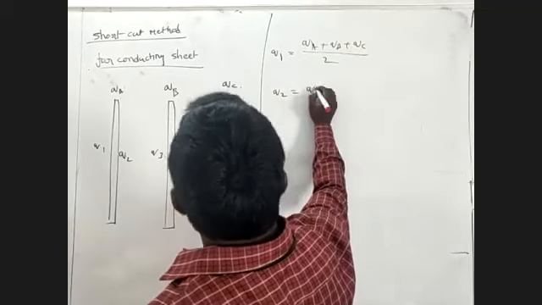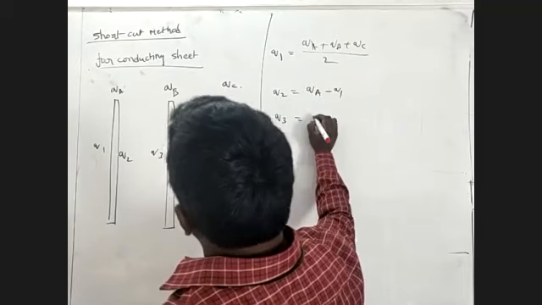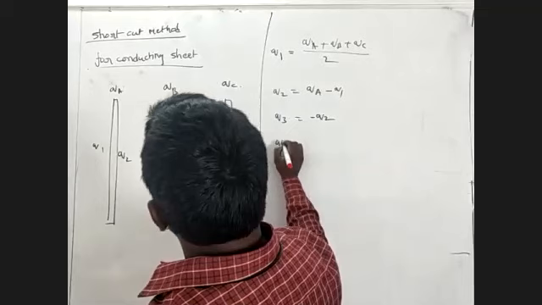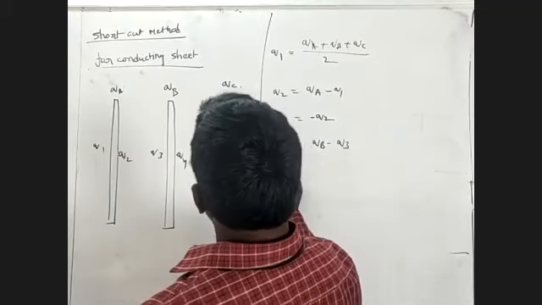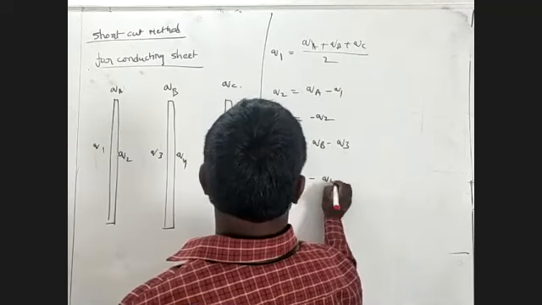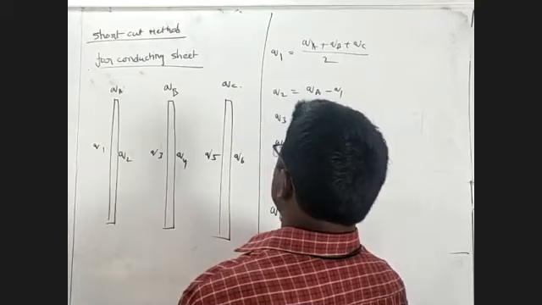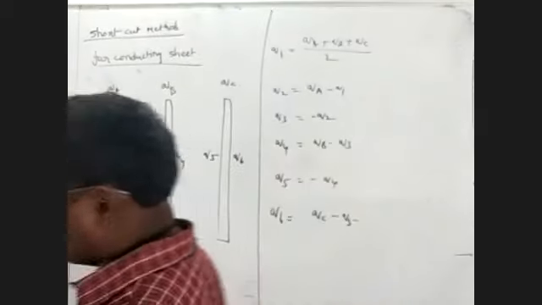Q2 means QA minus Q1. Next, Q3 means minus Q2. Q4 means QB minus Q3. Q5 means minus Q4. Q6 means QC minus Q5. That is what we are going to find.